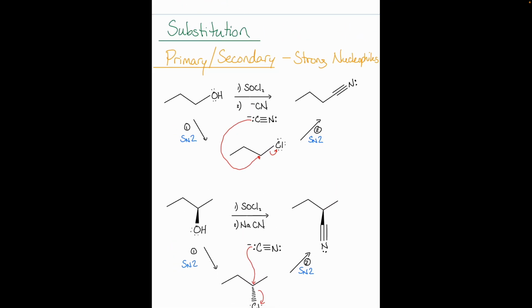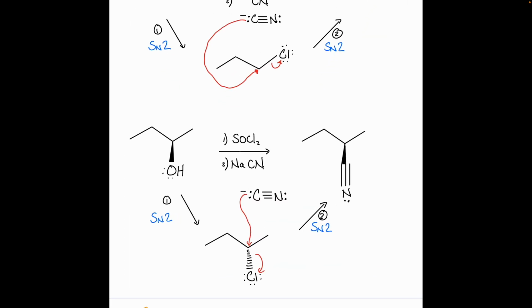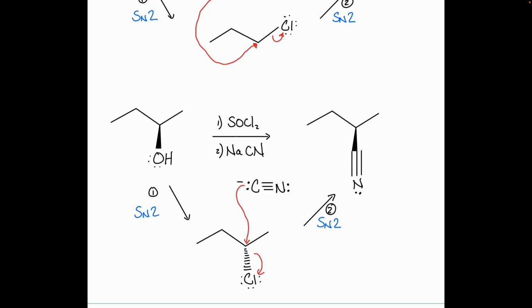All right, so if we're going to do a substitution reaction for our primary and secondary alcohols, we're going to use one of those fancy reagents, either thionyl chloride or phosphorus tribromide. These react in these SN2 mechanisms, which means if we have a stereospecific alcohol, it gets flipped, but then it gets flipped back again when our nucleophile reacts.